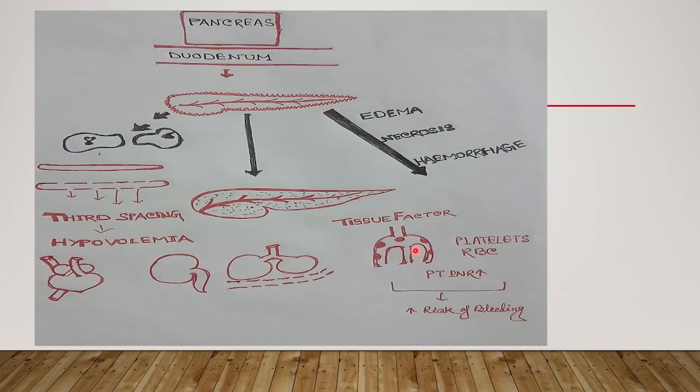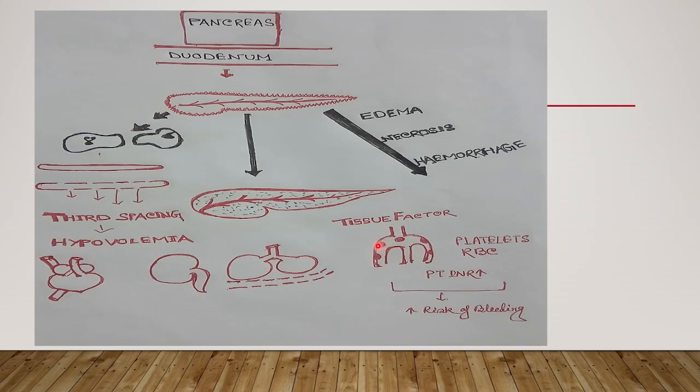Same problem happens here. When pancreas inflammation is present, it stimulates tissue factor. What happens if tissue factor is stimulated? It causes clotting. Diffuse clotting is present all over. What if clotting is present? How does the clot develop? More platelets and more RBCs accumulate here for clotting.